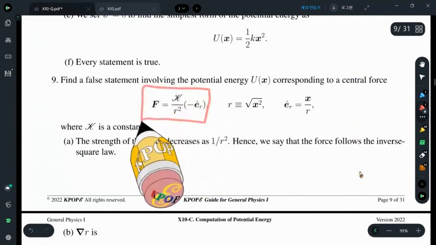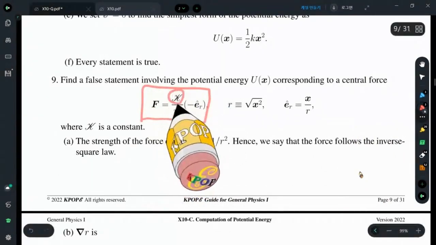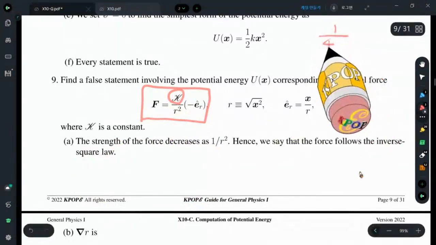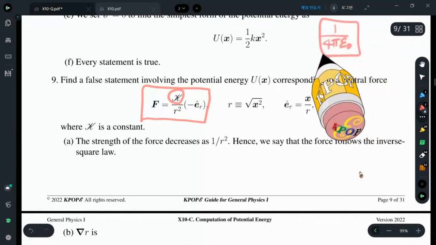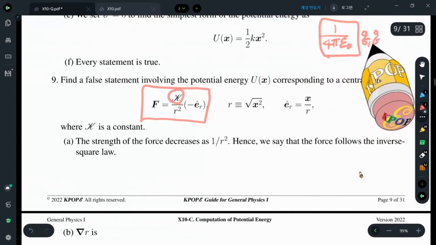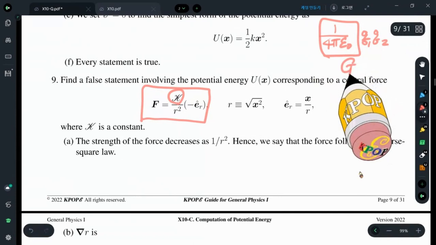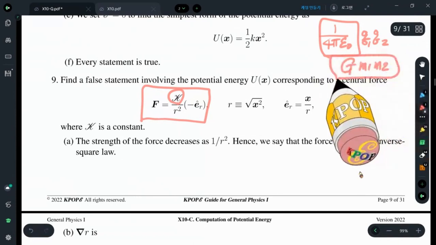This is the inverse square law, right? 1 over r squared, and this k is a constant, whatever. Sometimes it is 1 over 4 pi epsilon 0. In that case, it is the electrostatic force multiplied by charges Q1, Q2. If we have G, capital G, and masses M1 and M2, then what happens?